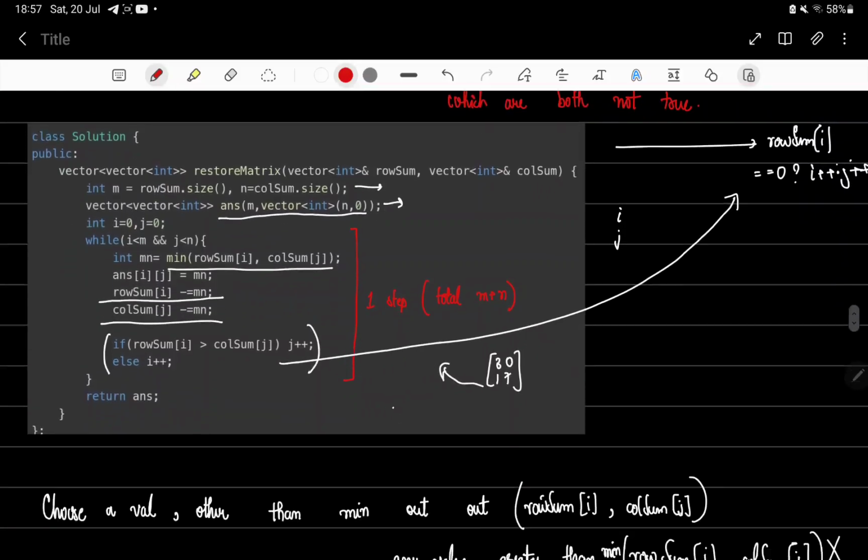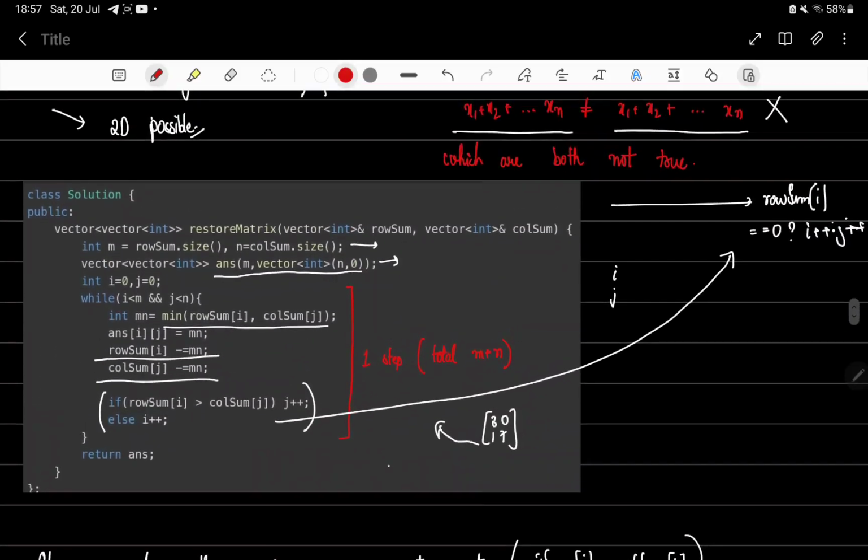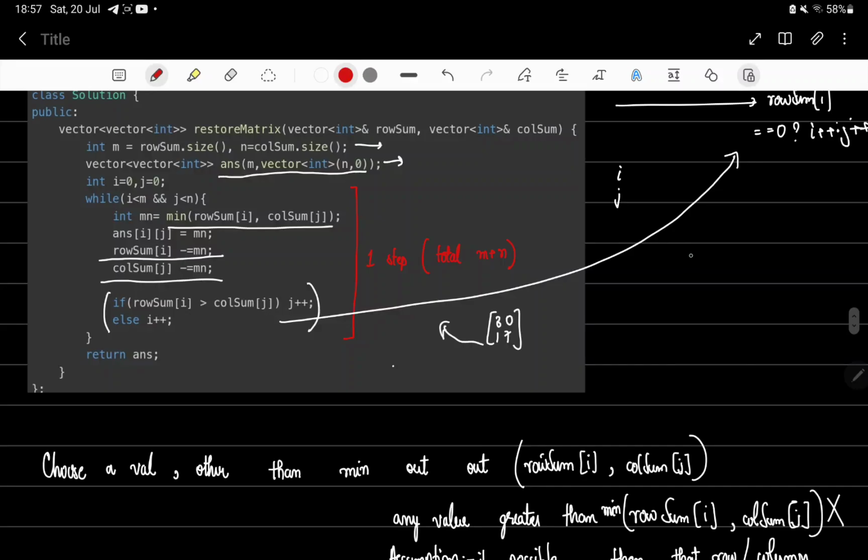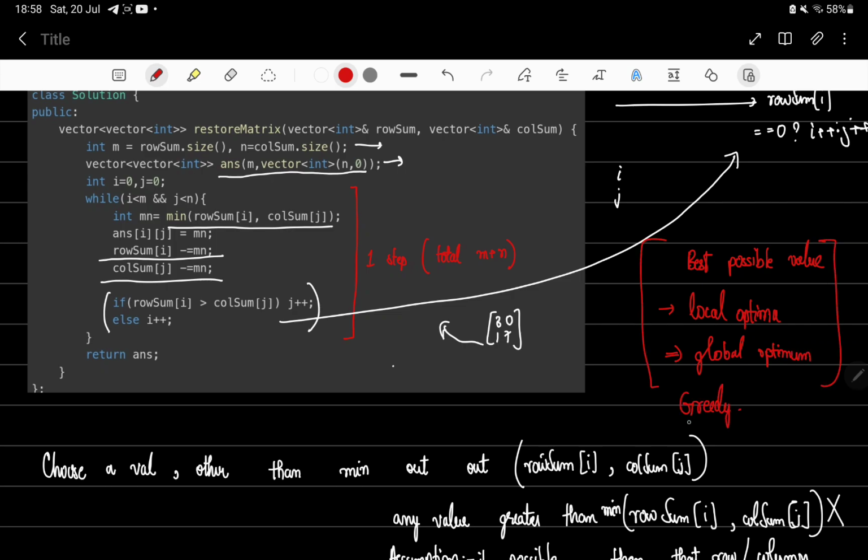So this is very close to the proof by contradiction thing, where I tried to get to the best possible value, which is the local optima, to get the global optima value. So this is the basic crux of greedy, right? This is what greedy is.